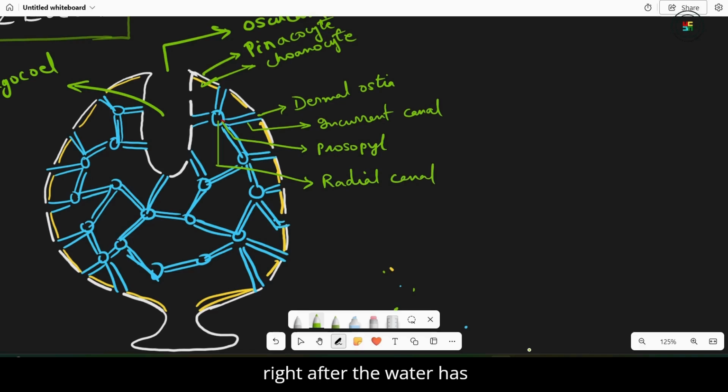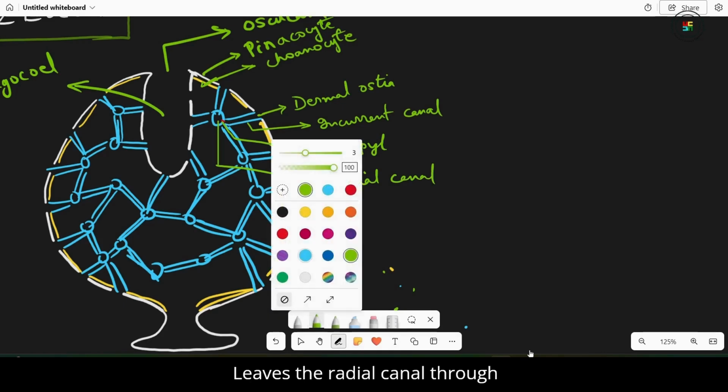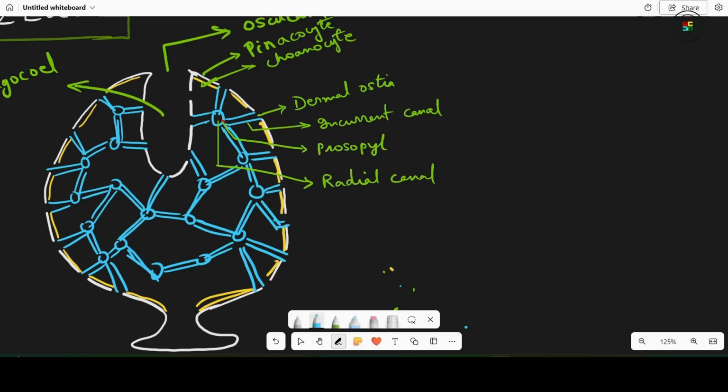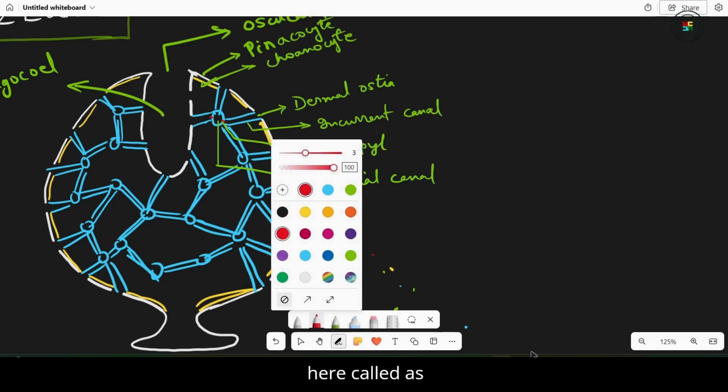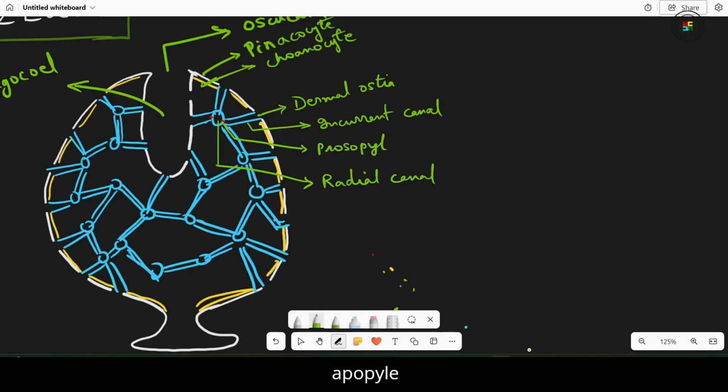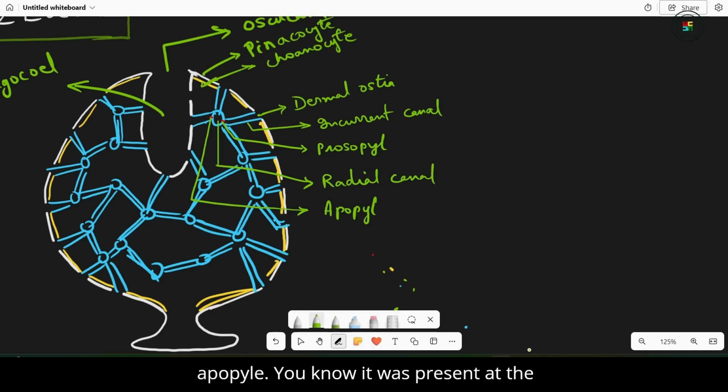Right? After the water has entered the radial canal, then the water leaves the radial canal through another opening here called the apopyle. But the difference is, if you remember, in the Sycon type, the apopyle was present at the opening of the radial canal, and from there water was entering into the spongocoel.